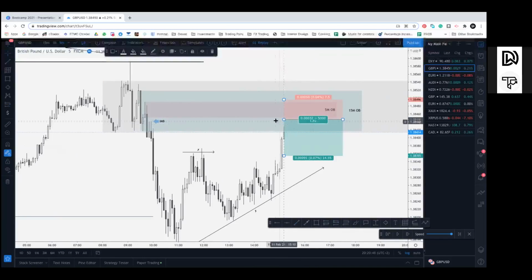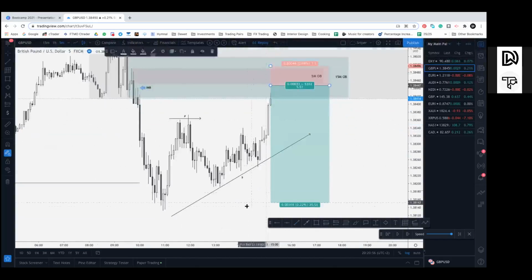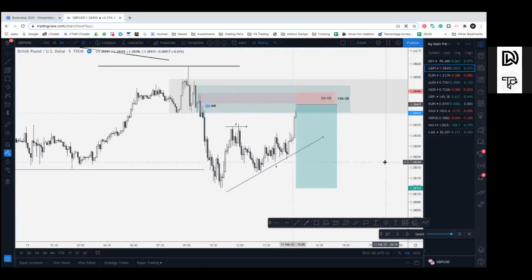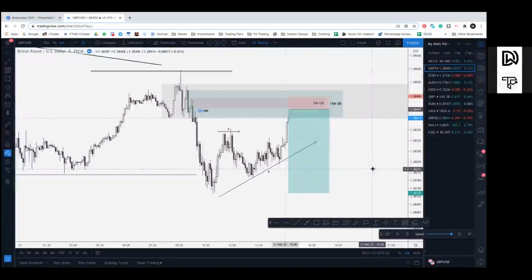I've said this before, I don't like to enter exactly on the low end of the order block. I like to leave a bit of space, and then lower time frame targets below of the Asian session, which will be, well, where's the Asian session? Something up here. Anyway, we'll talk about that now. So that can be the setup on the 5 minutes.